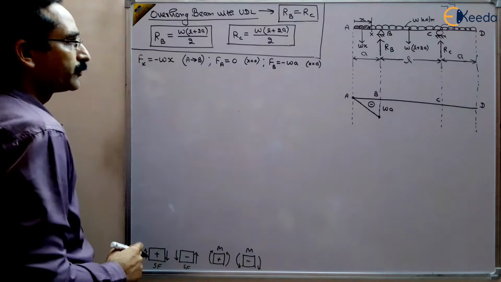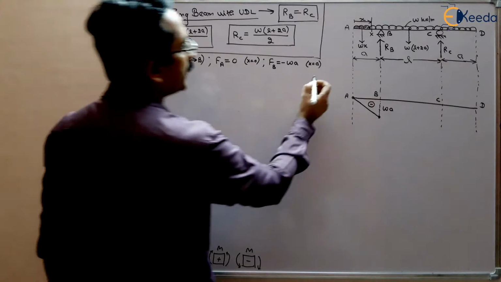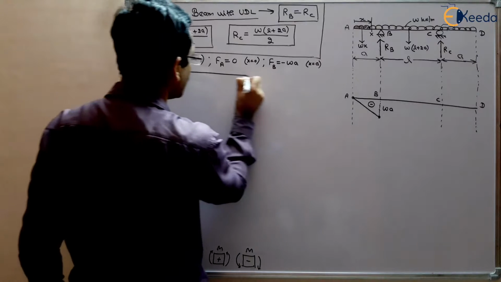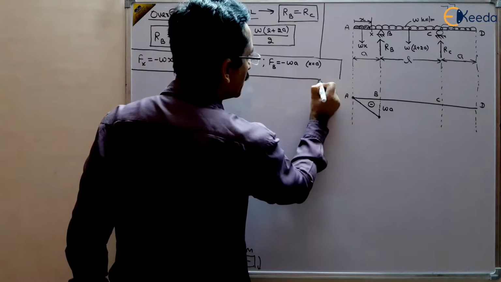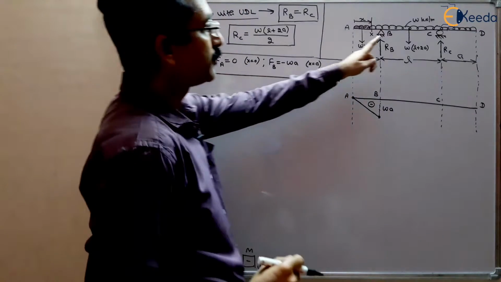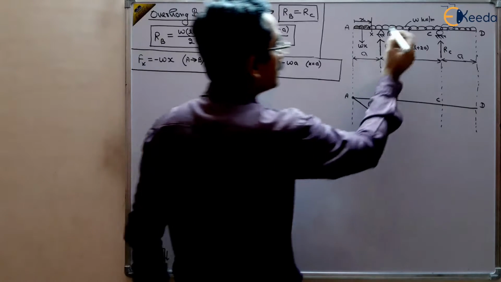Now we want to find out between B and C. This is valid between A and B. Now we want to find out the shear force between B and C, so I'm separating this from the previous one. What will be the shear force between B and C? We have to take another section at a distance something.